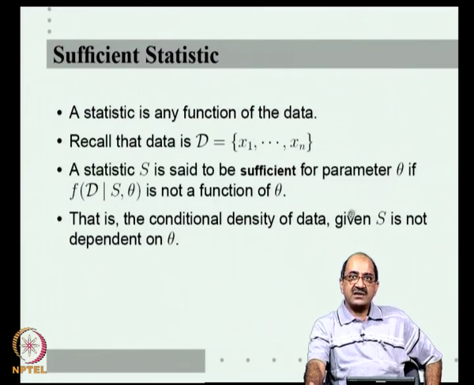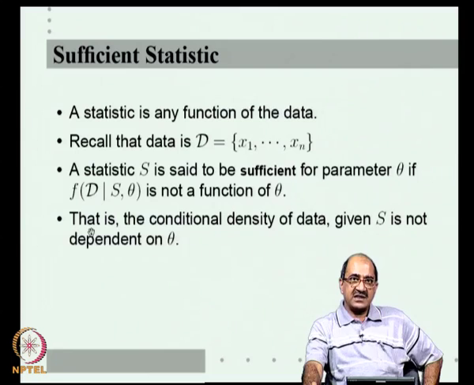If I have S, the density no longer needs the value of theta. Whatever information data has about theta is only in terms of the sufficient statistic. That is the reason why it is called sufficient statistic. So, once again to repeat, a statistic S is said to be sufficient for parameter theta if the conditional density of data given the sufficient statistic is no longer a function of theta.